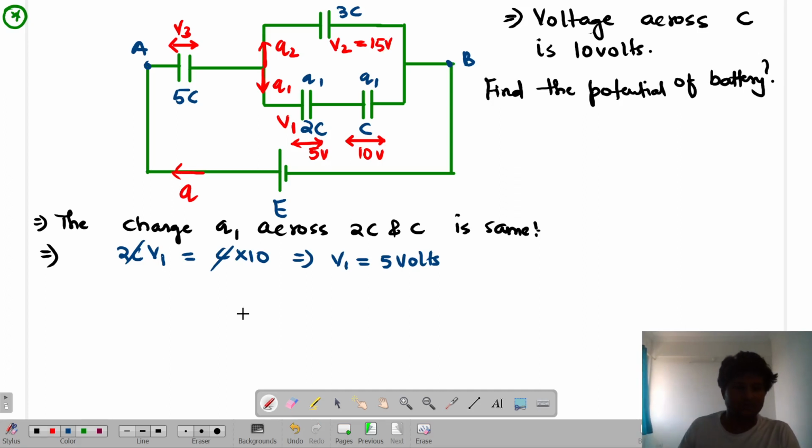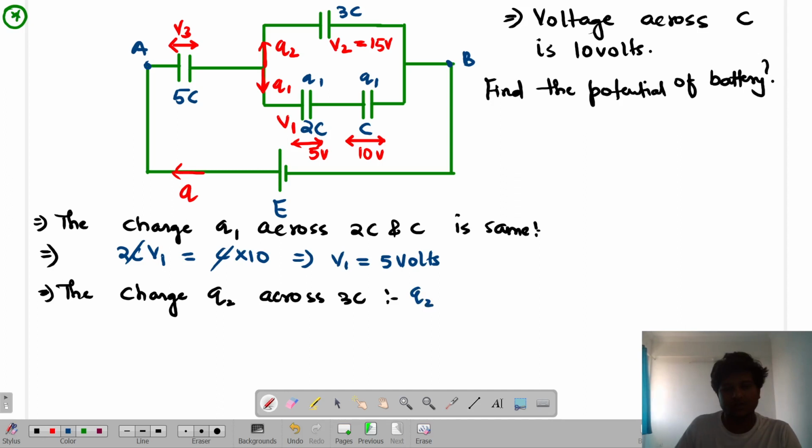So the charge Q2 across 3C is 3C into 15. 15 threes are how much? 45, no?